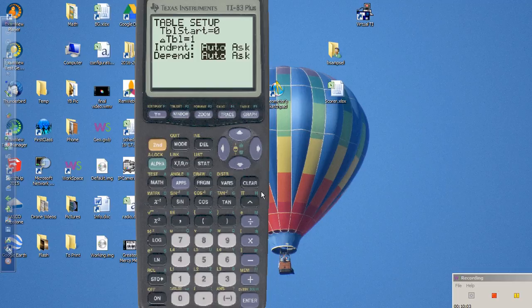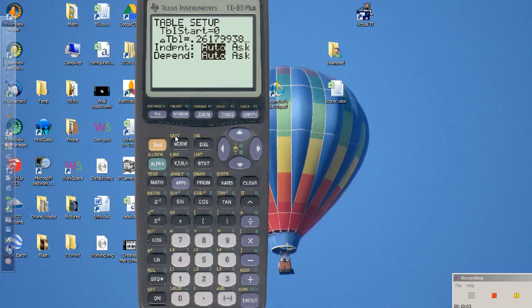Like what's the first angle on the graph after 0? π/12. Then it goes 0, π/12, π/6, π/4, π/3, 5π/12. So the convenient thing is just to put π/12 here. π divided by 12.